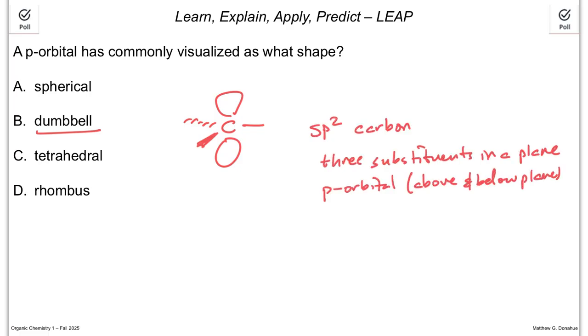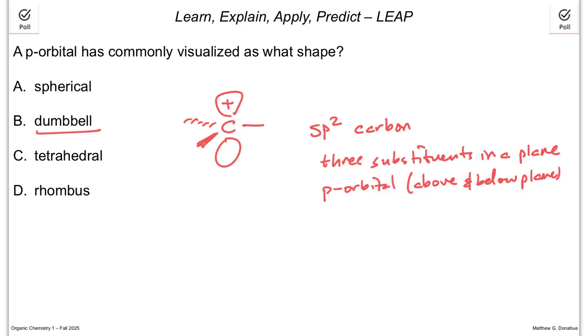The reason talking about this is important is once you form that carbocation, those three substituents, whatever they are, bonded to that carbon, lie in a plane. Then you have that empty p orbital whose lobes are 90 degrees, above and below.